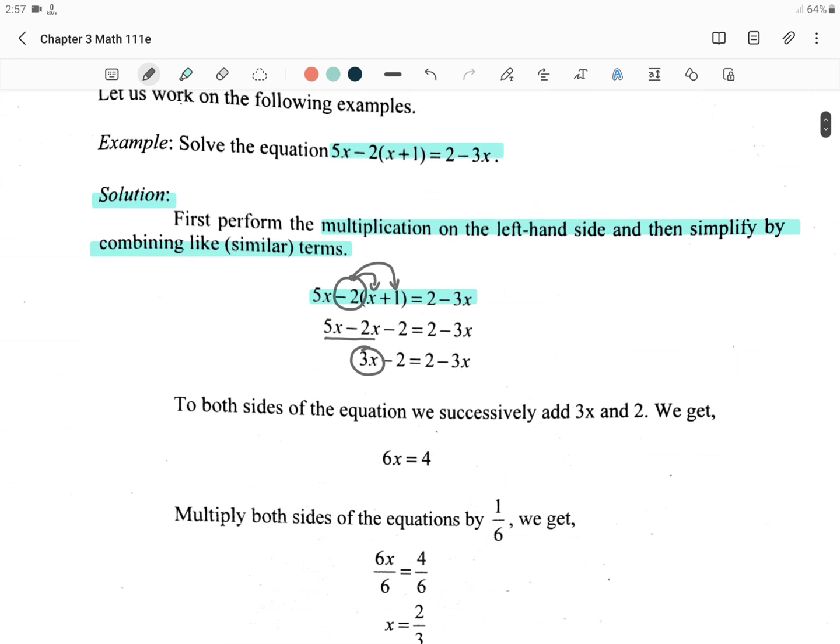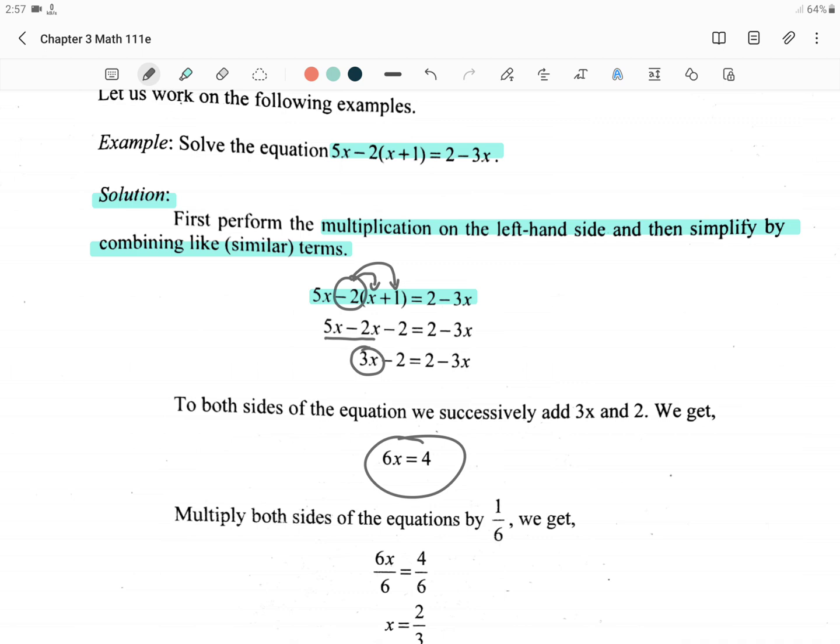Okay? So, from the instruction given here, to both sides of the equation, we successively add 3x. And what is meant by that is kailangan daw natin mag-add ng 3x. Then after adding 3x, we add 2 para makakuha tayo ng form na 6x is equal to 4. No. 6x is equal to 4.